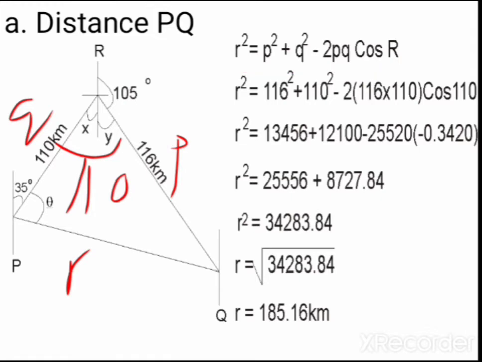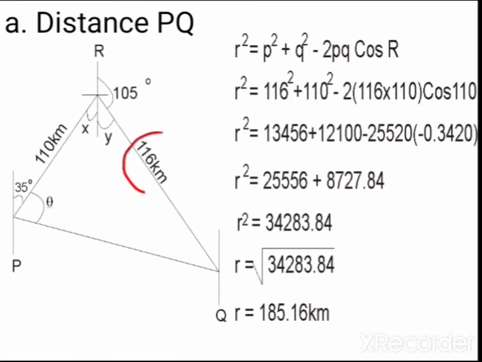So we don't have r, so we put r squared is equal to the value of p, which is 116 kilometers, that's the value of p, plus q squared. So this is q, 110 kilometers, minus 2pq, then cos R. R is 110 degrees, so we put cos 110 degrees.